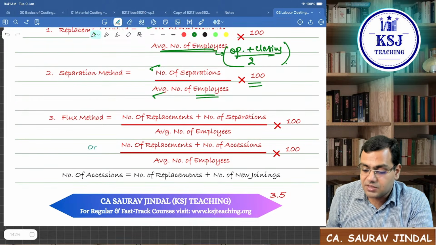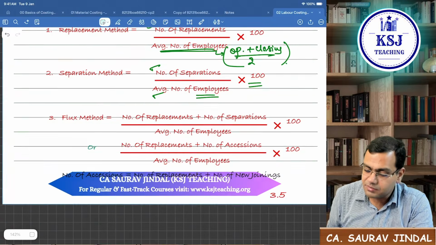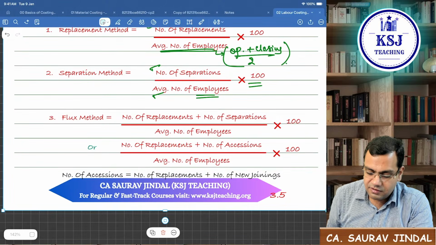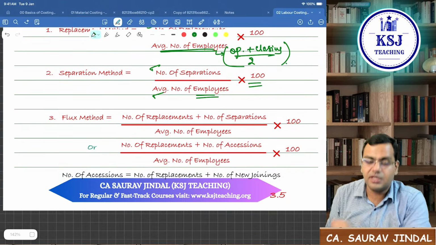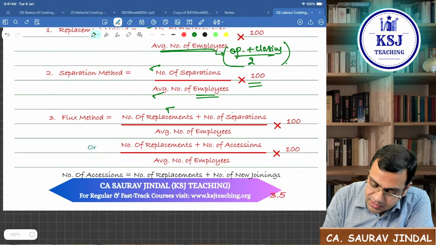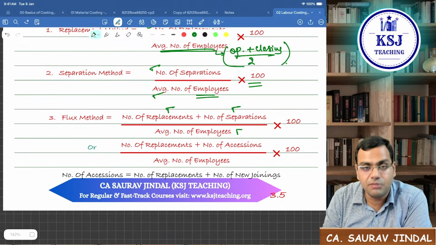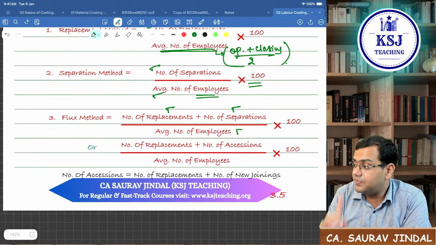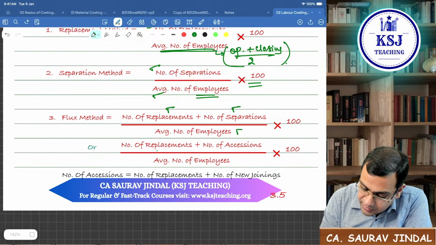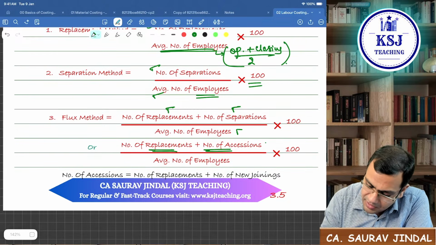Then there is a flux method. Flux method says, the flux method is total number of replacements plus number of separations divided by average number of employees, or if there are new joinings also, then we will take number of replacements plus number of accessions, sorry.